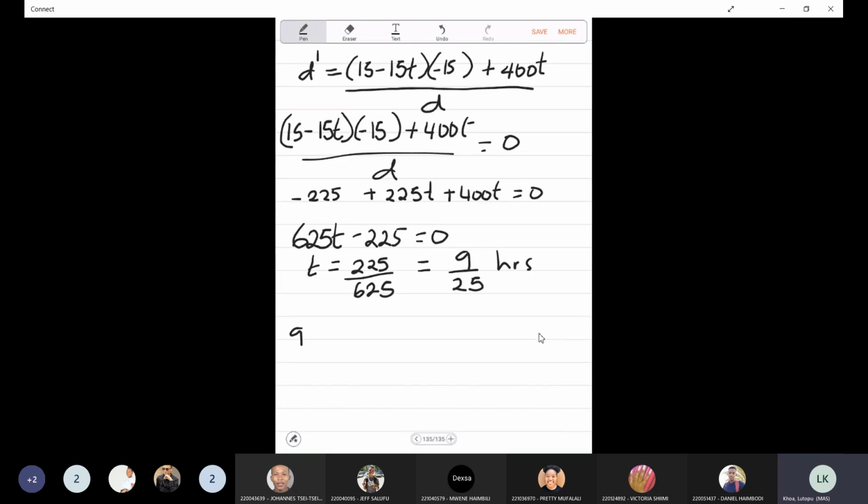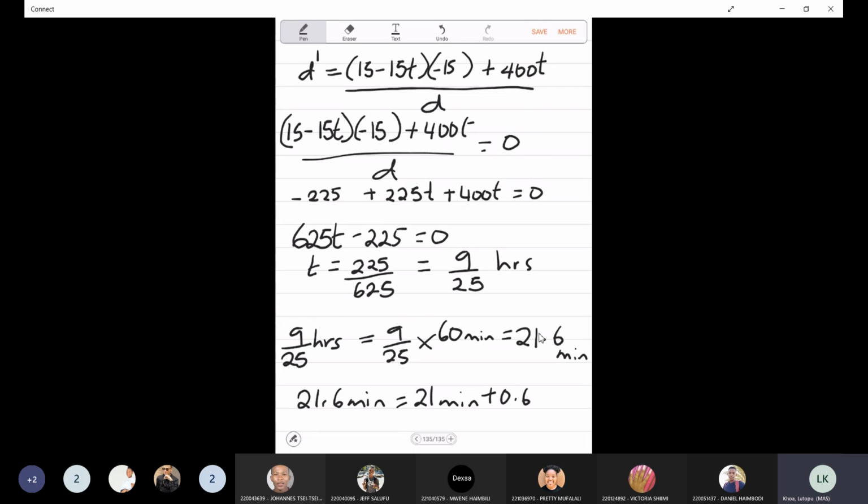So 9/25 hours, we know that this is 9/25 times 60 minutes, which is 21.6 minutes, and 21.6 minutes is 21 minutes plus 0.6 times 60 seconds.